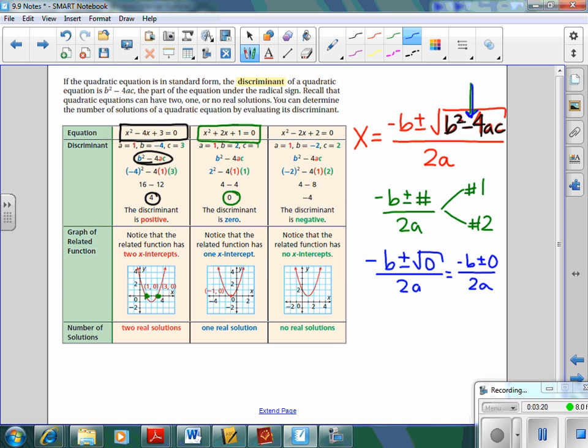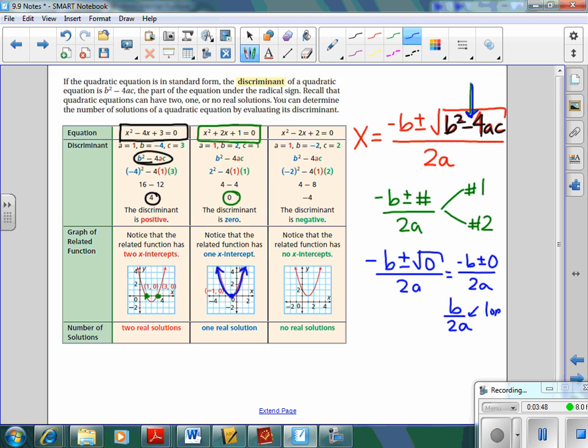If I add 0, it's going to stay the same. If I subtract 0, it's going to stay the same. So we really just end up with negative b over 2a. Only one option. So if you get 0 for your discriminant, the square root part isn't going to change anything. So you're only going to have one solution. And those are the ones that just come and touch the x-axis and then shoot back up.